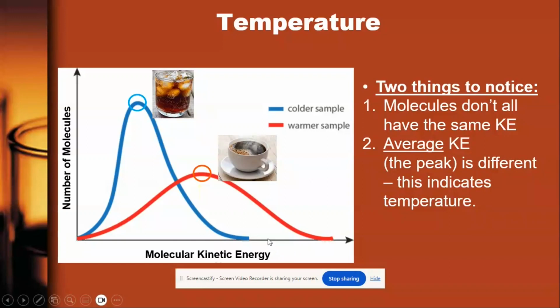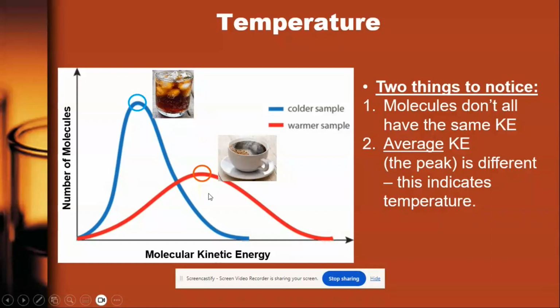That indicates temperature. When we say temperature, we're talking about an overall average amount of kinetic energy for the molecules in that substance. Now, we said earlier that temperature determines how fast these molecules are vibrating. These molecules are vibrating faster, these molecules are vibrating slower.